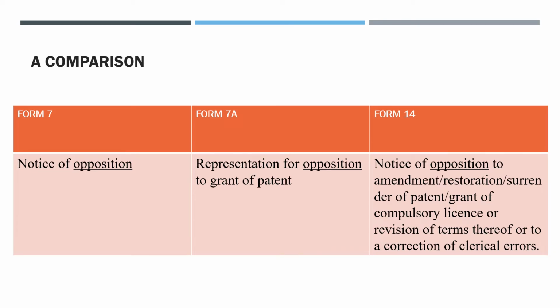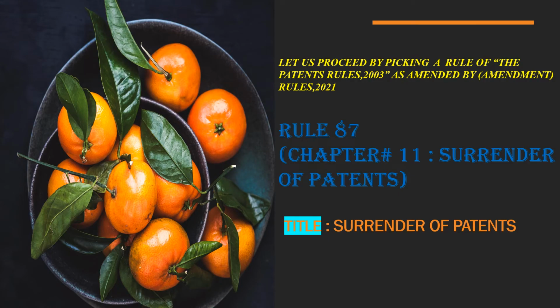Now let us proceed by picking a rule of the Patents Rules 2003 as amended by Amendment Rules 2021. Today I have taken rule number 87, and rule number 87 comes from chapter 11, and the title for chapter 11 is Surrender of Patents.